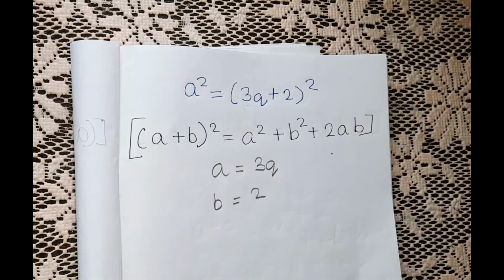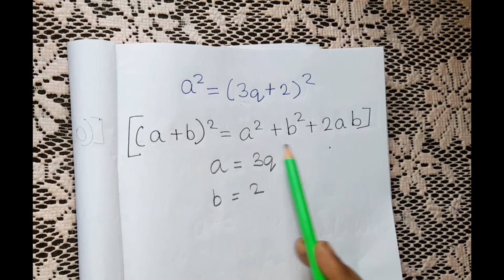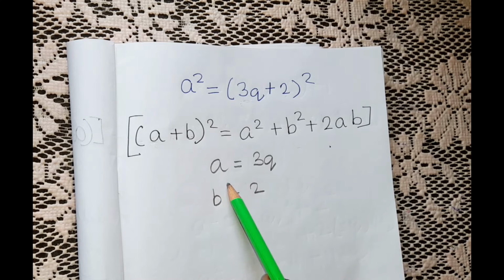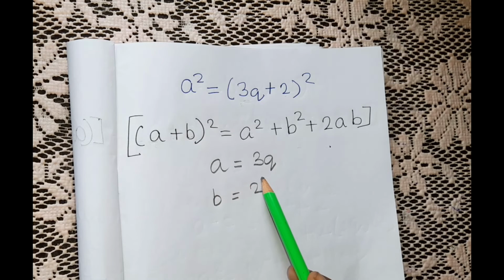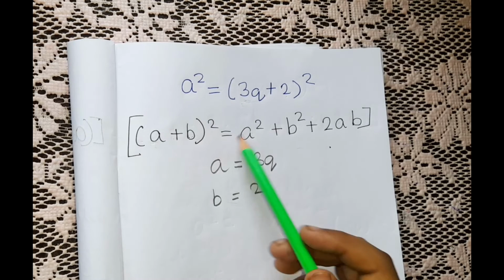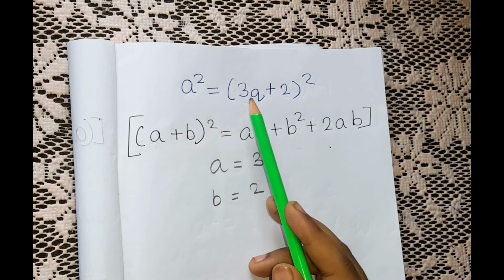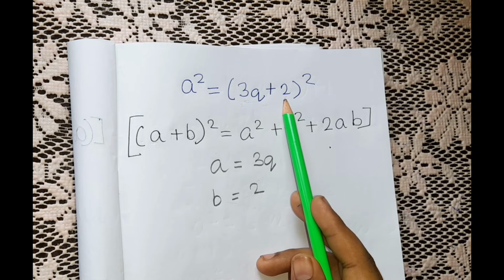Okay guys, as you know, a plus b the whole square is equal to a square plus b square plus 2ab. So in this I am going to be taking a is equal to 3q and b is equal to 2. Why am I taking it? Because a plus b the whole square is exactly similar to 3q plus 2 the whole square.